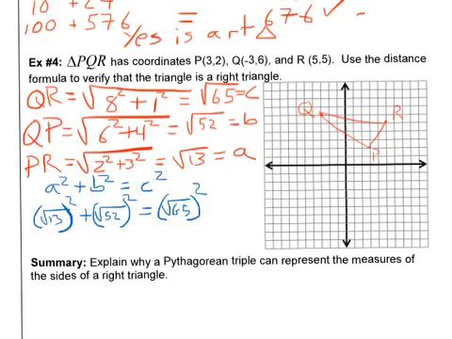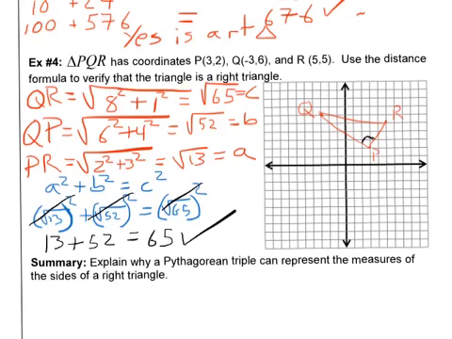You may have already seen this, but don't my square roots and my squares just cancel out? Of course they do. So I'm just going to cancel these guys out. And so I'm left with the equation 13 plus 52 equals 65. And sure enough it does, right? 13 plus 52 is 65. So yes, we verified that this is in fact a right triangle.